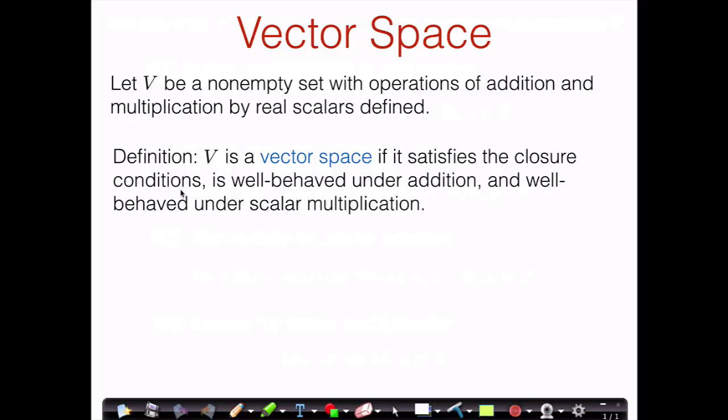It's well behaved under addition, so it satisfies those 4 axioms that we saw for addition. And it's also well behaved under scalar multiplication, so it satisfies the 4 conditions we saw for scalar multiplication. So that is a vector space. In the next video, we'll look at some concrete examples of vector spaces.